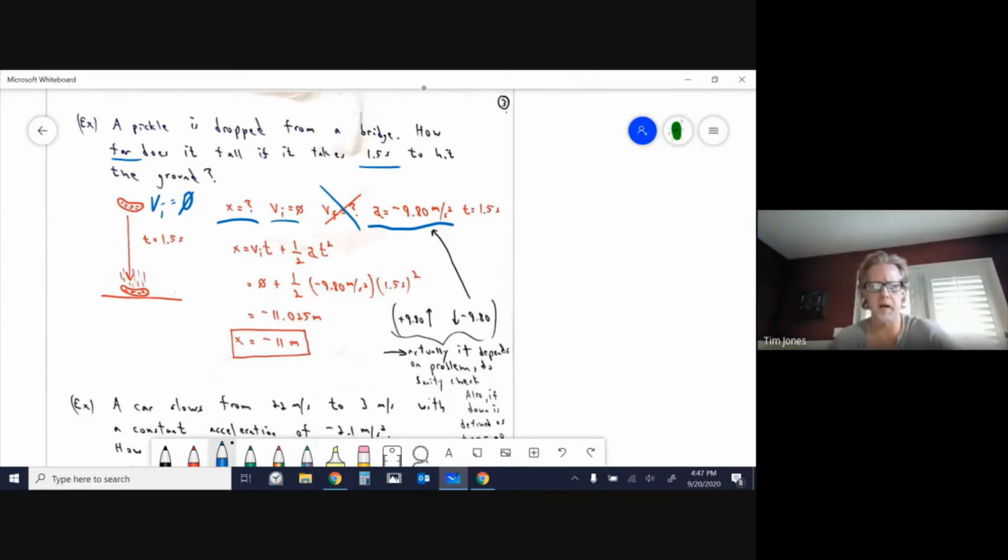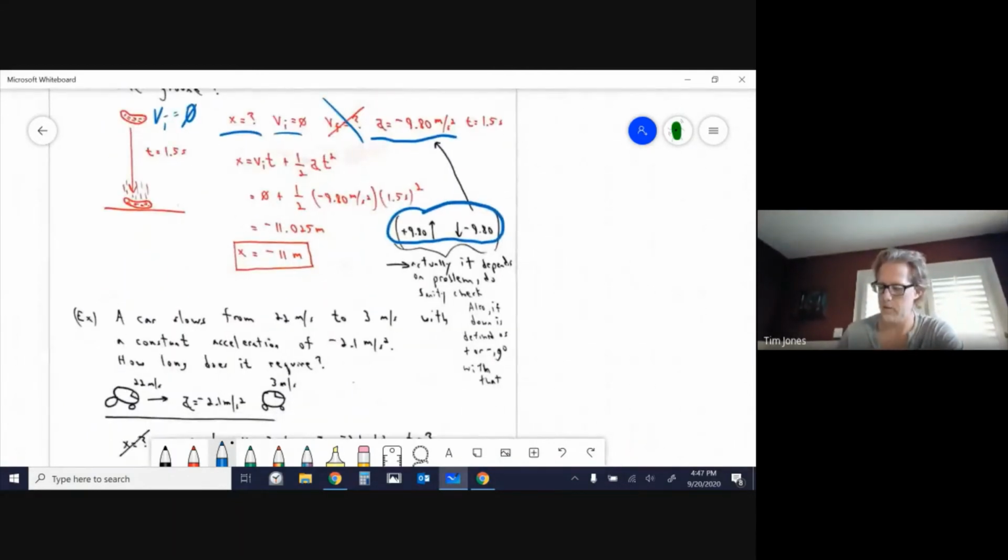Whether to make this positive or negative actually becomes quite a bit of a problem. Traditionally, when gravity is acting on something, it is negative. And when something is being accelerated away from the planet, it is positive. However, that's not always the case. So notice my note here. It depends on the problem.